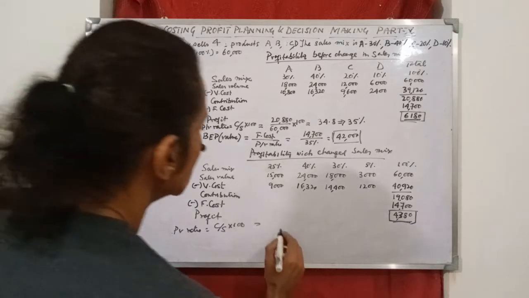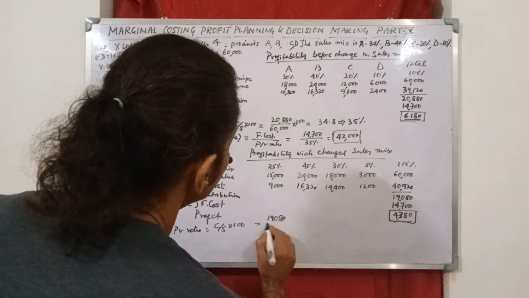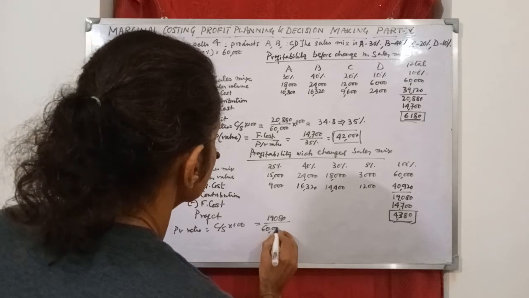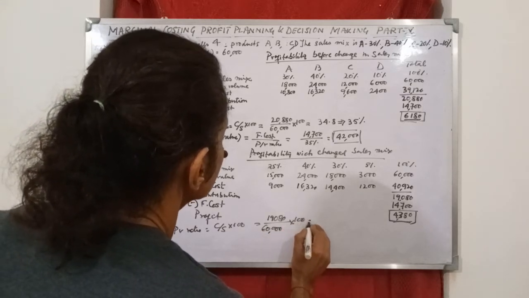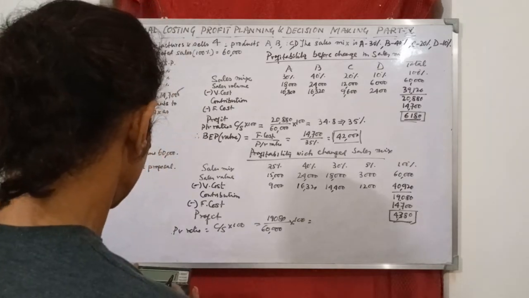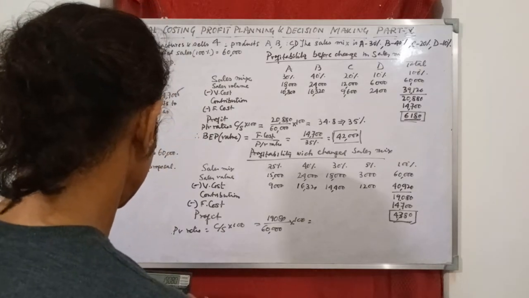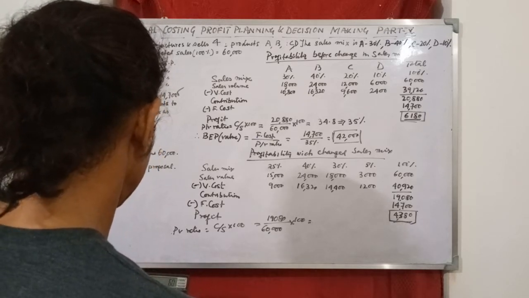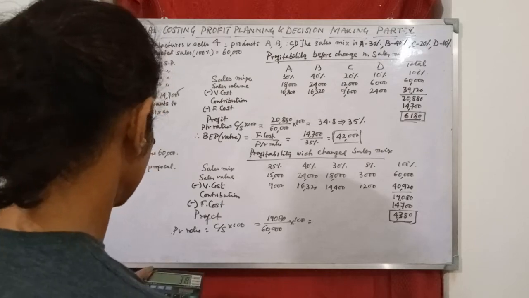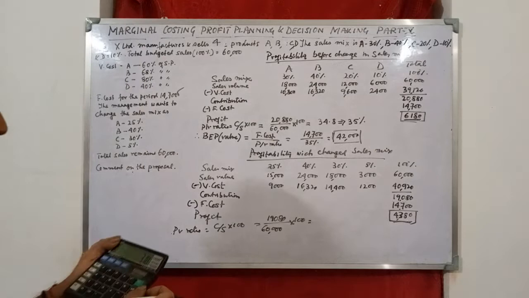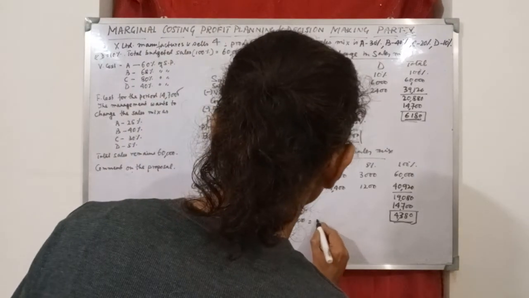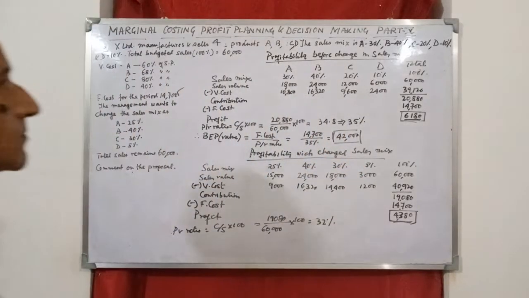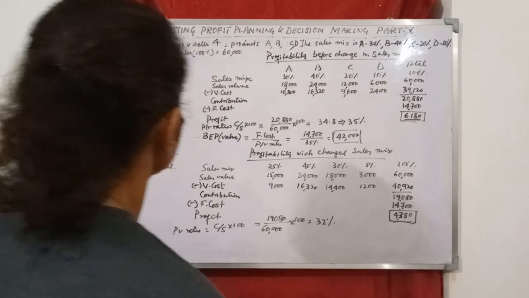How much is contribution? 19,080. 19,080 divided by 60,000 into 100, that is 31.8%. So let's take it 32% PV ratio.